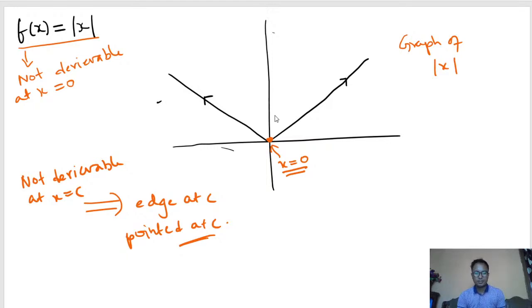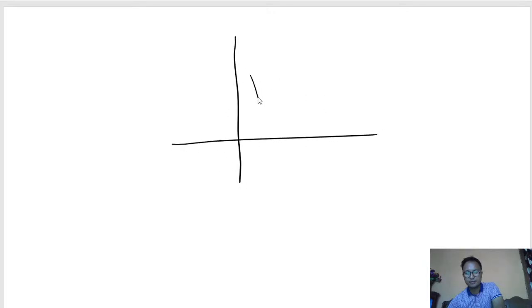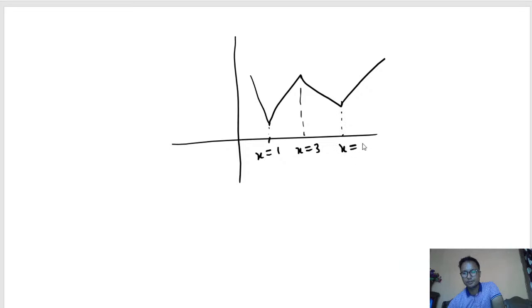Now let's discuss another function. Suppose this is my graph, with x equal to 1, x equal to 3, and x equal to 5.